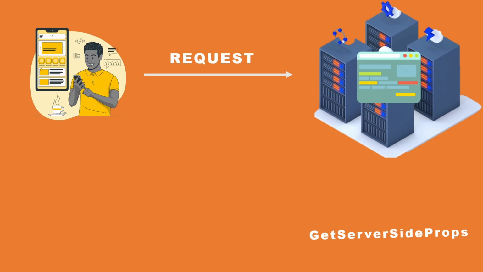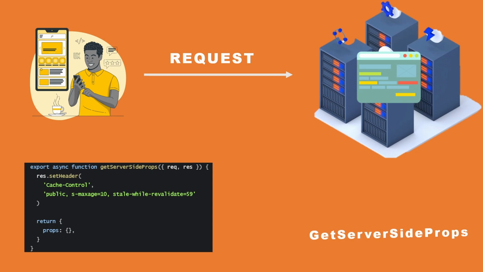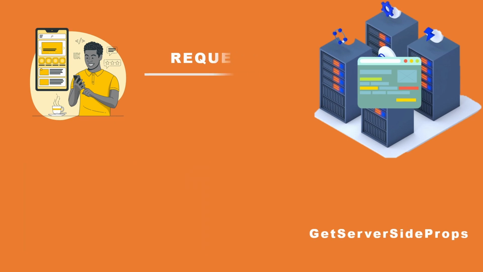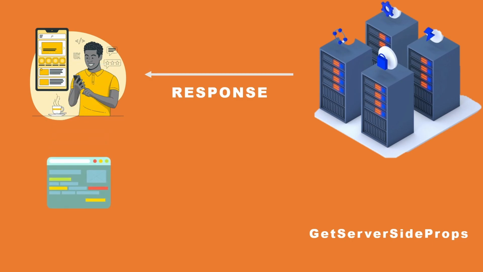We can also cache the data by manually providing this condition. So when we use this cache manually, the data will be cached, and then the data will be provided to the user. Our pre-rendered page will be given as a response to the user.